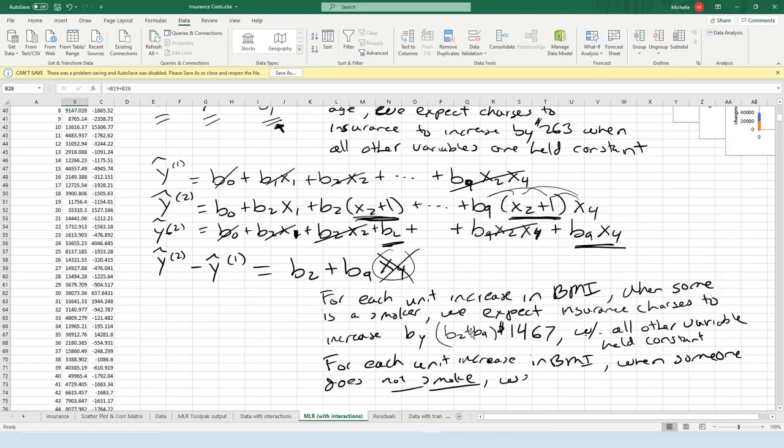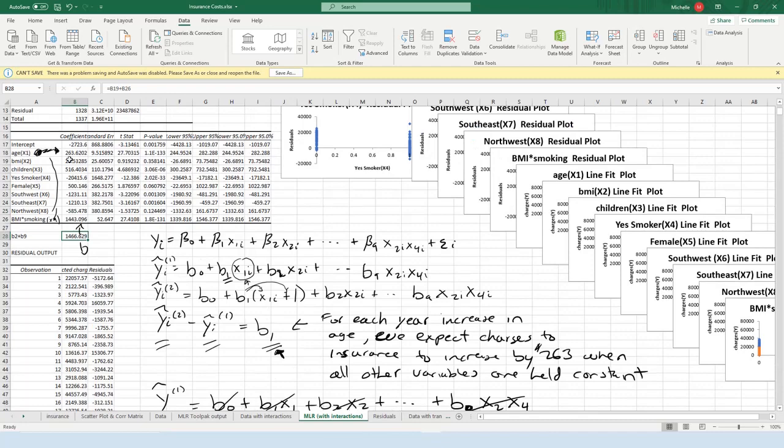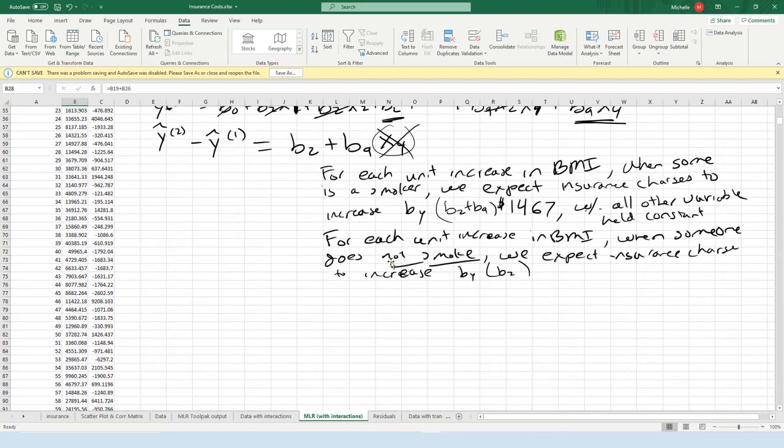So we expect insurance charges to increase by whatever B2 was. So what is B2? If I scroll up, B2 is $24. I'll round that. Increase by $24, with all other variables held constant.